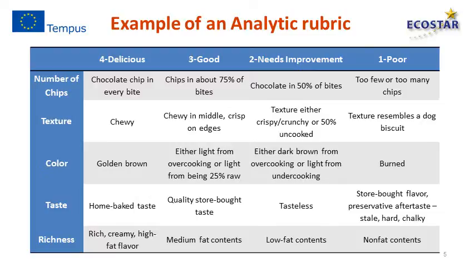Now, another thing I want to say is when you're thinking about how many dimensions you need, it's very important to be able to make a distinction between 2 dimensions. Personally, as I said, I found this on the internet. I didn't create this rubric myself, but I was just wondering if I could really differentiate between the dimension of taste and the dimension of richness.